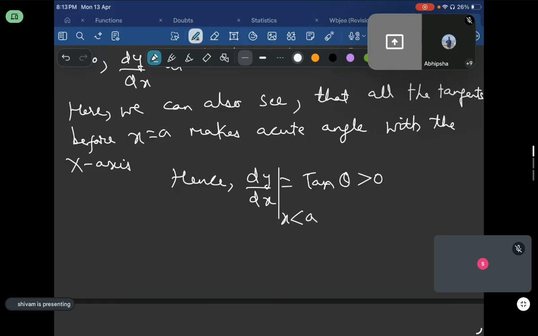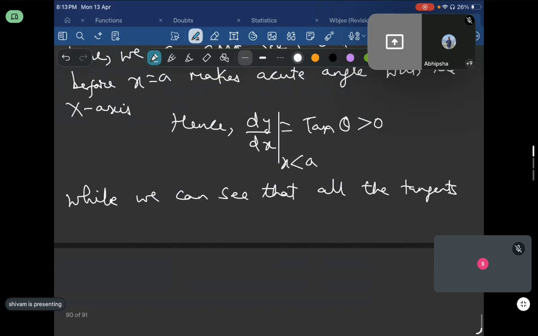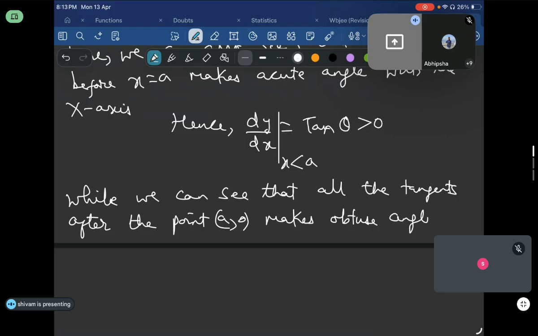Next, we can see that all the tangents after the point a comma 0 make an obtuse angle.